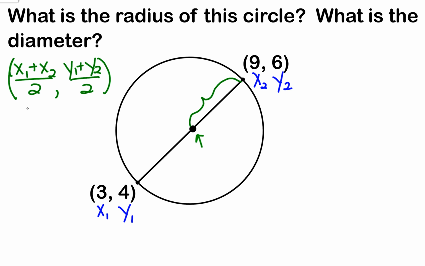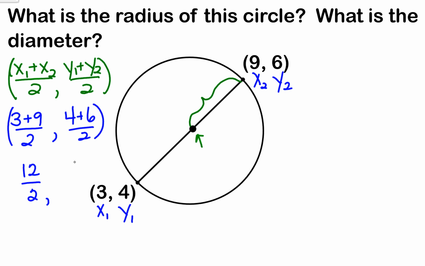And I'll substitute their values in. Those are my x's. And my y's. 3 plus 9 is 12. And 4 plus 6 is 10. I'll simplify that down and I'll get 6, 5.